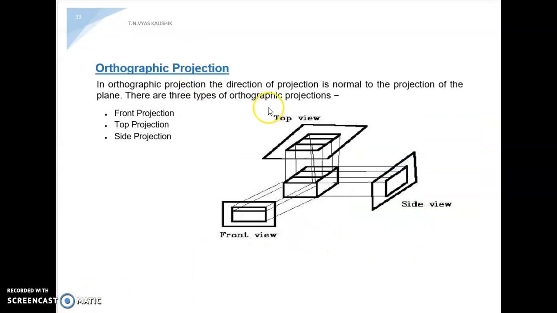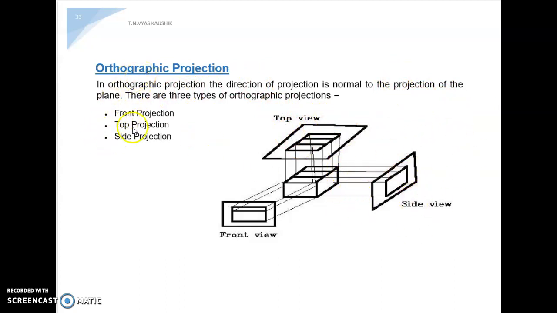In orthographic projection, the direction of projection is normal to the projection plane. If you take this as the projection plane and this as the projecting line, this will be perpendicular to the projection plane. That is orthographic projection.